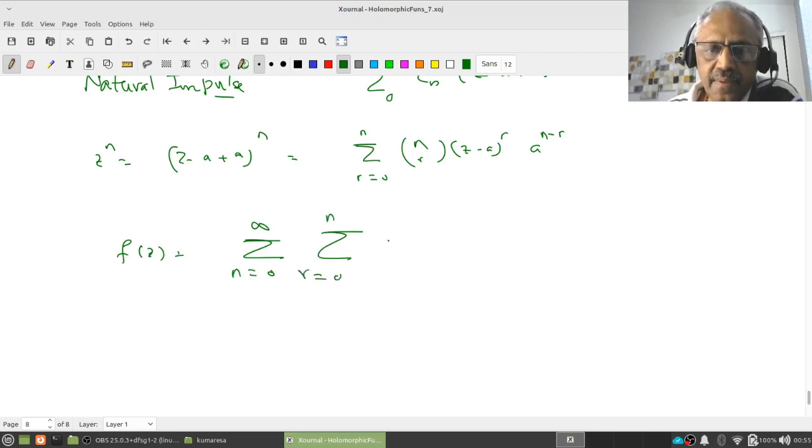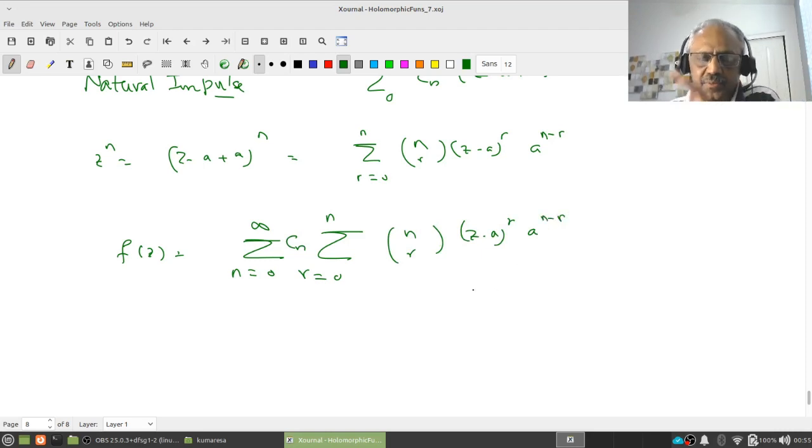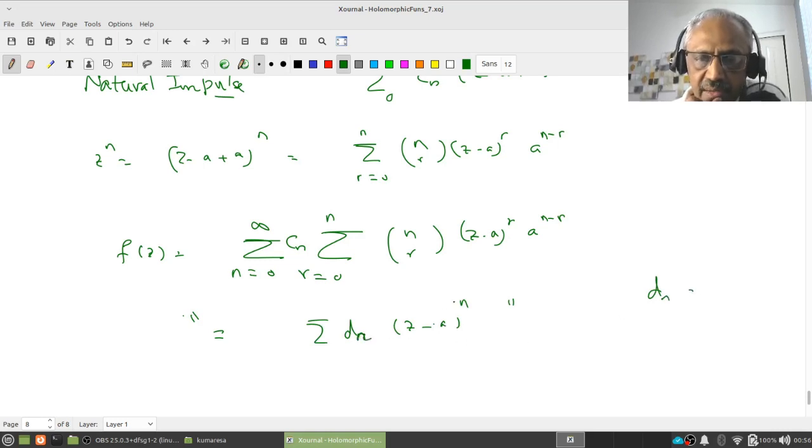Okay, there is a Cn here, n choose r, z minus a to the power r, a to the power n minus r. So I got something in which z minus a to the power r comes, but what is that I want? I want to write it as summation dn z minus a to the power n. Therefore I should know, or if you want, dr z to the power n minus r, equal to 0 to infinity.